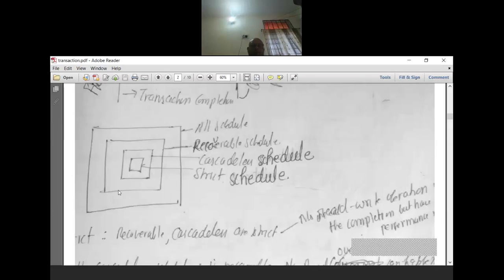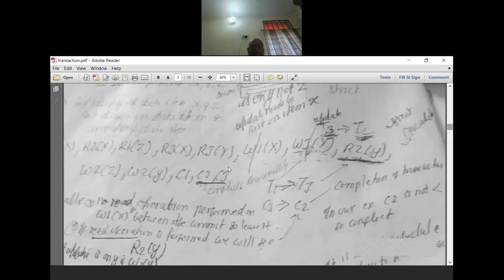So overall, the schedule is non-recoverable, because the outcome was two strict schedules and one non-recoverable schedule. Ultimately, I will say the complete schedule is a non-recoverable schedule.